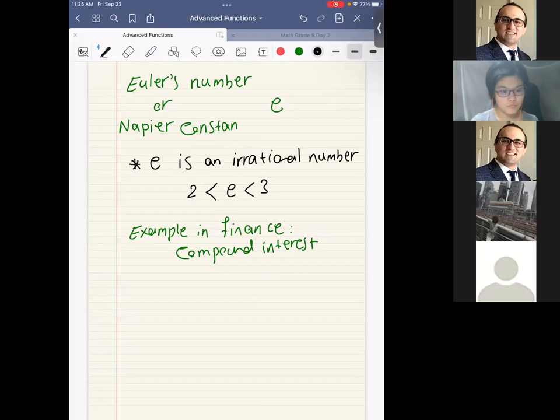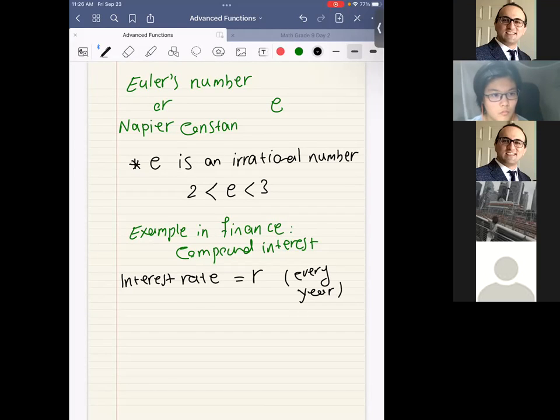Okay, so let me start with this. Assume that we have an annual interest rate, which is computed every year, and is R. So the interest is computed every year.